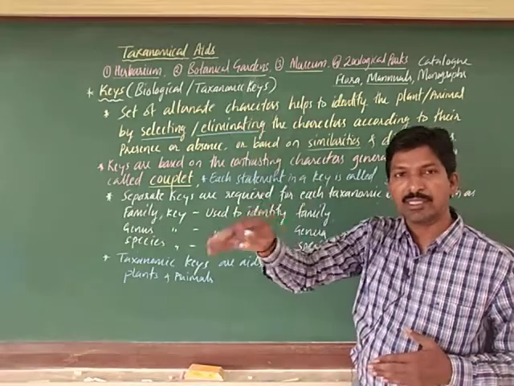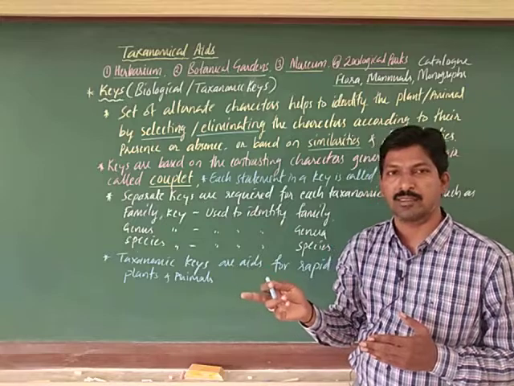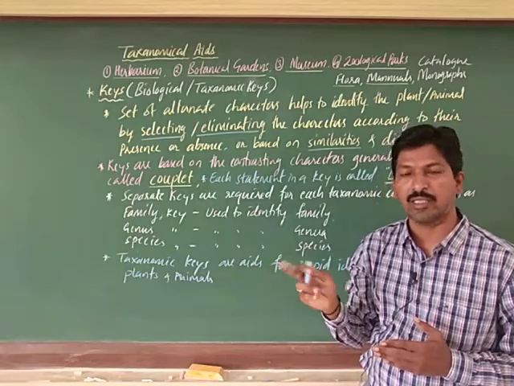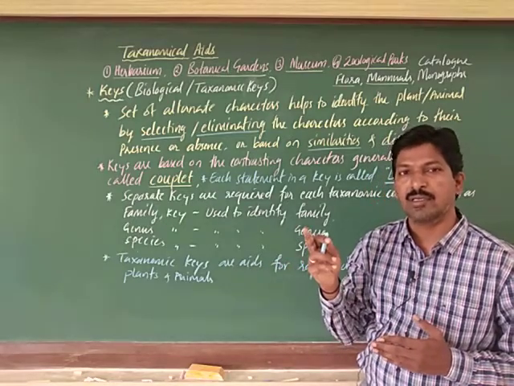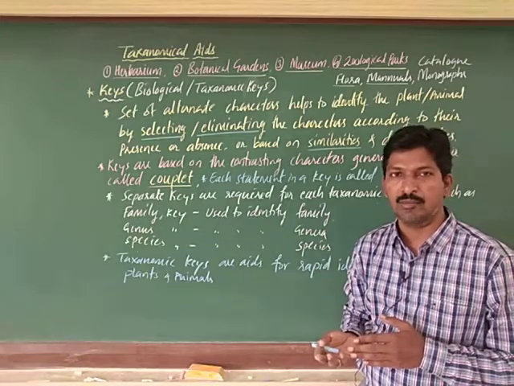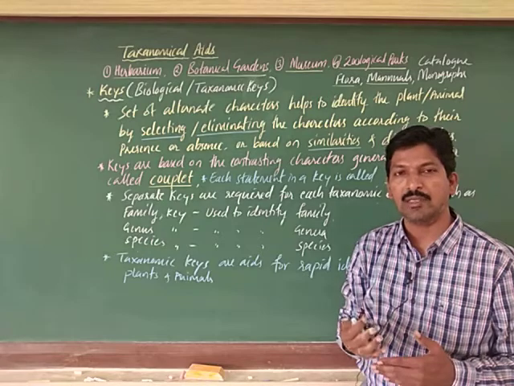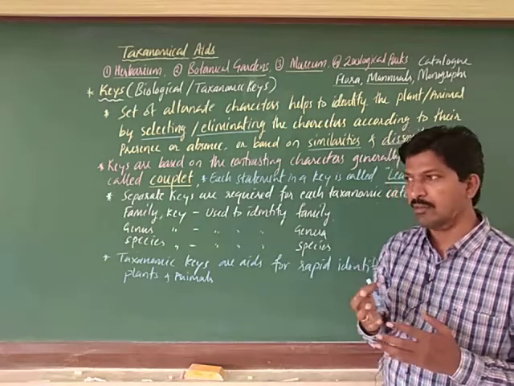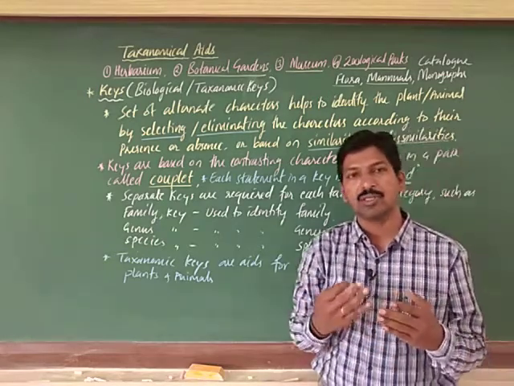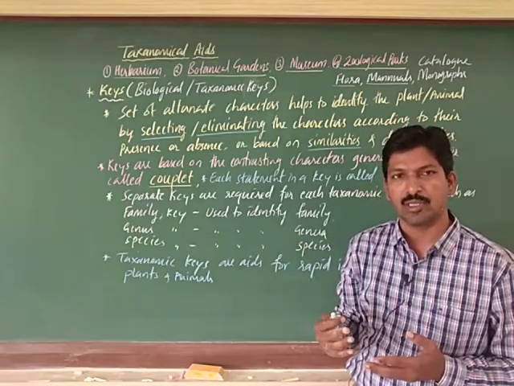If you consider autotrophic, then go for the next set of characters: whether it is monocotyledon or dicotyledon. How do you identify? Based on characters. Monocotyledon is usually identified based on leaf venation.